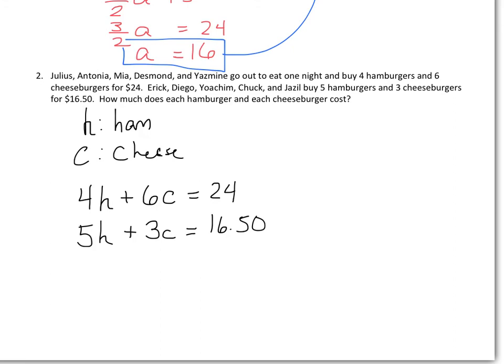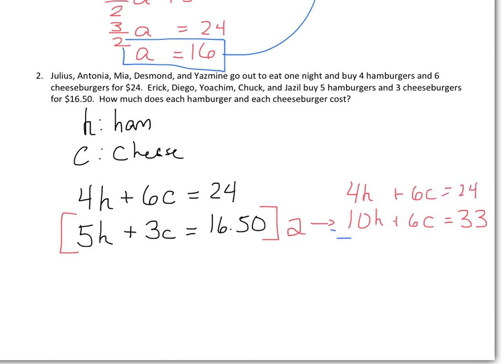So now, this is set up for elimination. I think the easiest one to eliminate would be the C's, because 3 goes into 6. So I'm going to multiply by 2. And now I got 10H plus 6C. $16.50 times 2 is $33. Then I got 4H plus 6C equals 24.